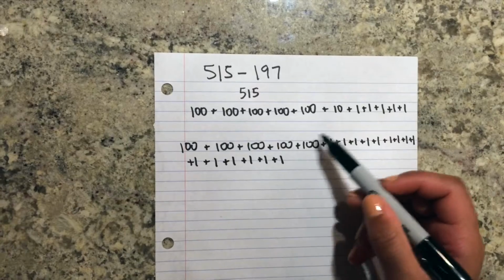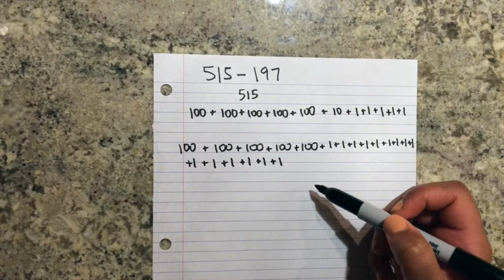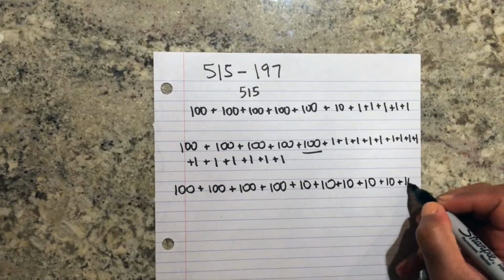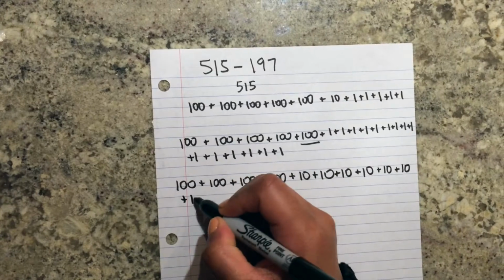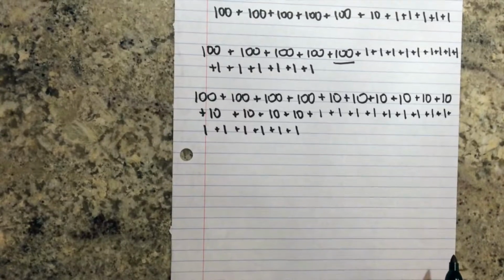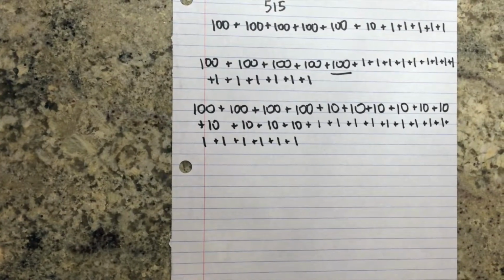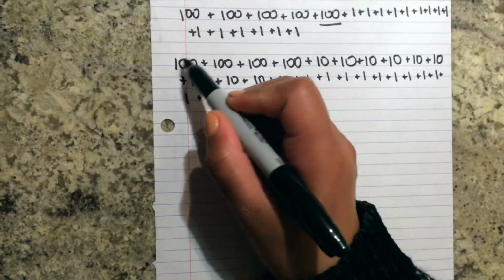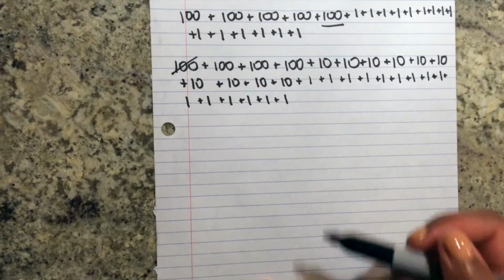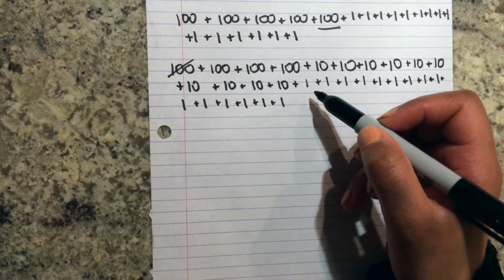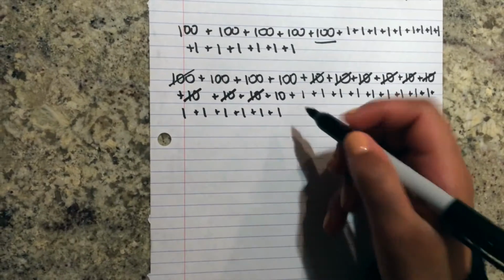Then we broke down one of our 100s into 10 tens. And now we will take away 197. So we have 100, take that away, 90, so that's 9 tens, and 7 ones.